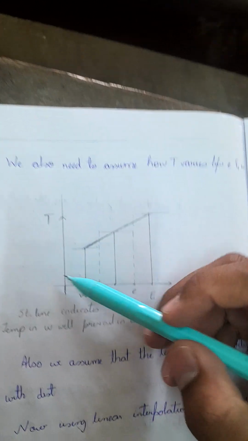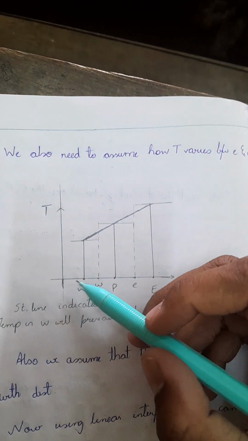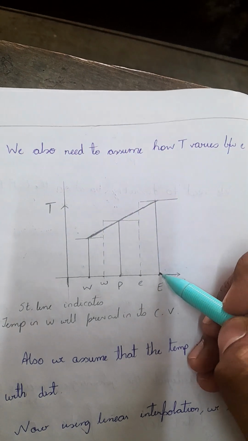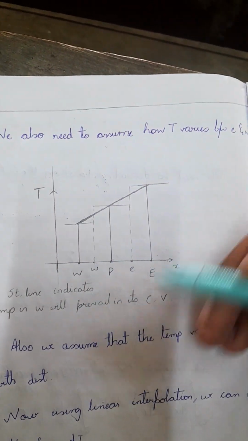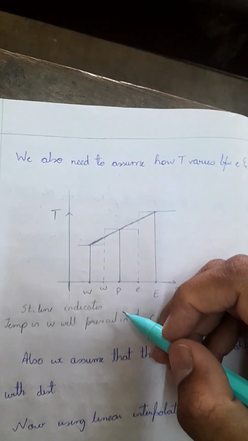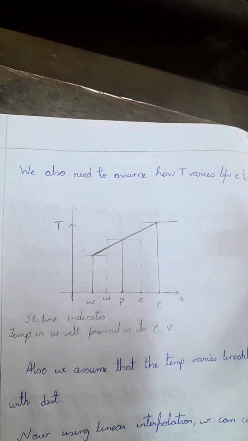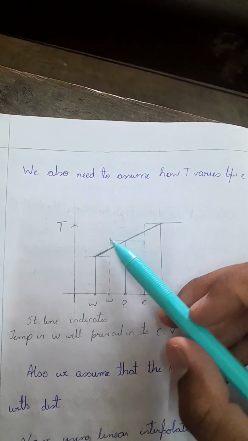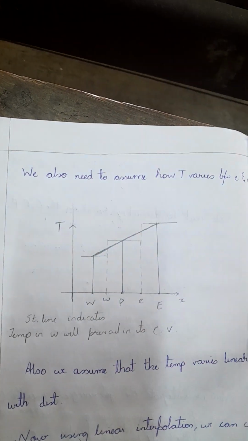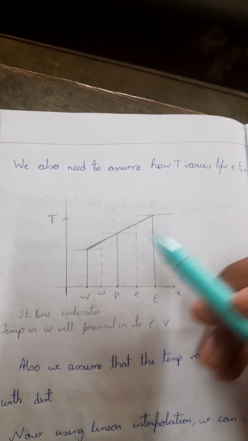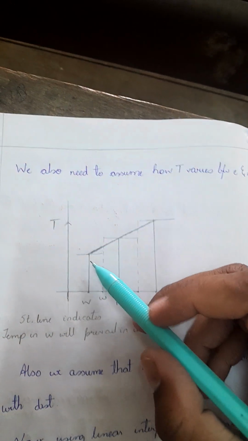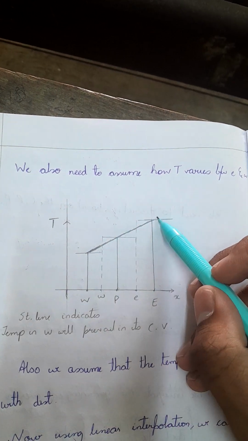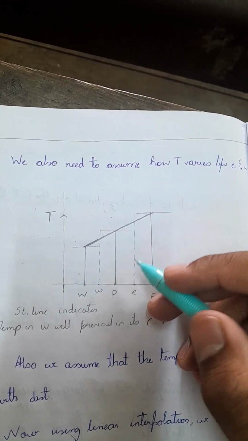Let's say this is the temperature and this is the thickness. This is the grid point W, this is the grid point P, and this is the grid point E, and w and e are the faces respectively. Now we assume that the temperature varies linearly with the distance, that is, between W, P and E the temperature varies in a straight line.